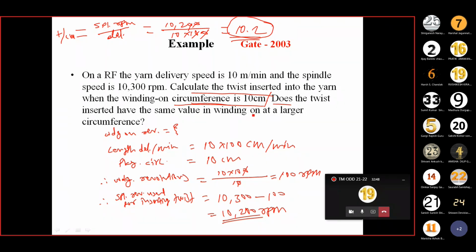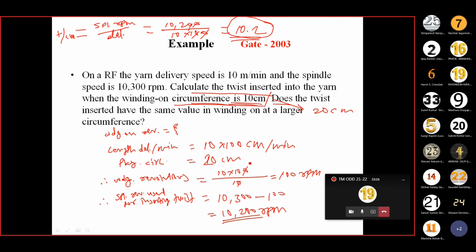We'll find out. Suppose initially it was 10 centimeter. Now if I increase the circumference from 10 centimeter to 20 centimeter, I will calculate again. The length delivery per minute will be the same, 10 into 100 centimeter per minute. Package circumference will be 20 instead of 10.